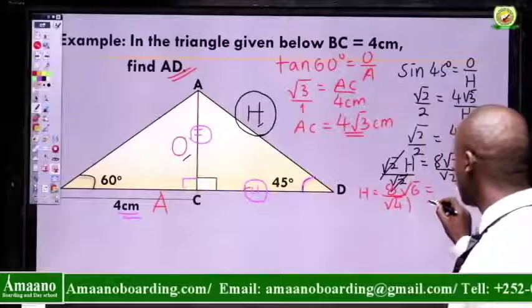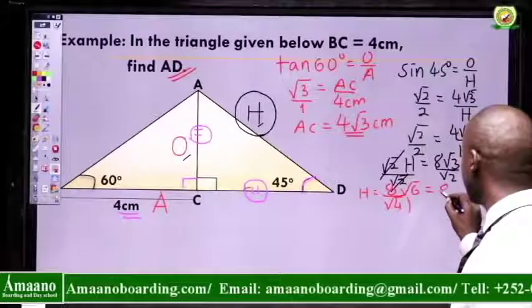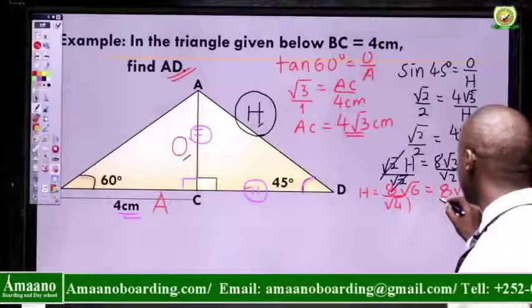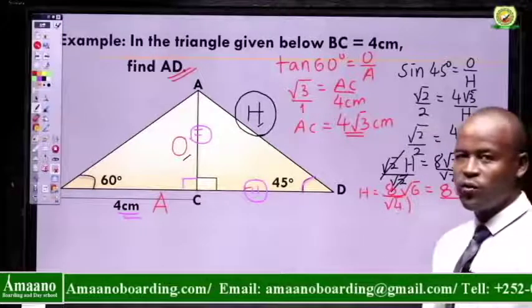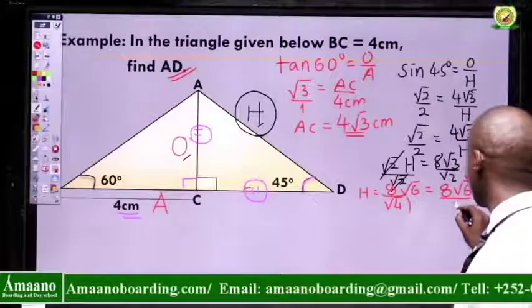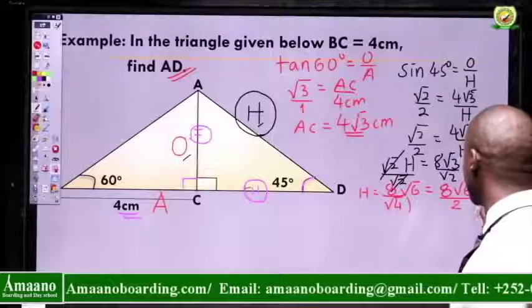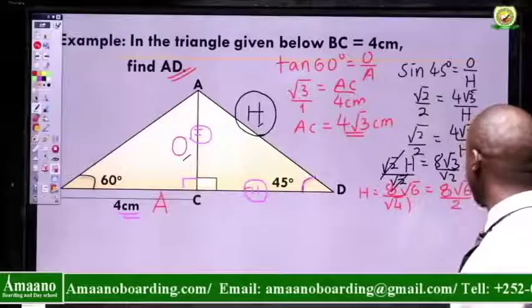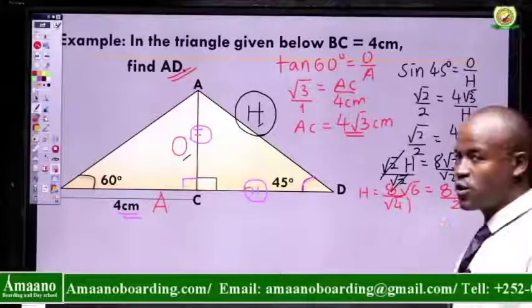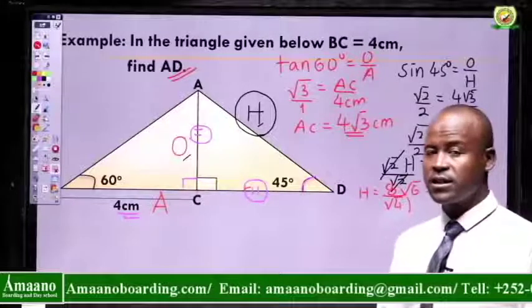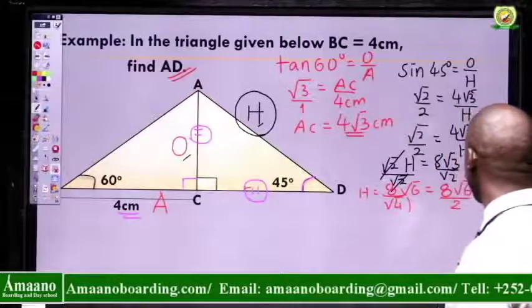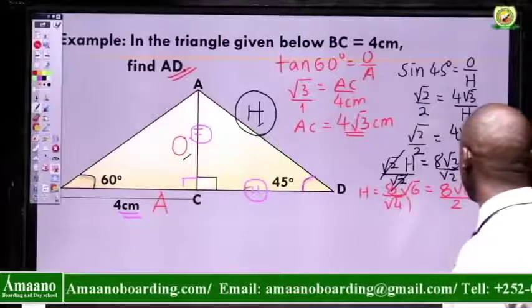Okay, so this is equal to 8 times the square root of 6 divided by, what is the square root of 4? Radical 4 is 2. Now you can simplify it. 8 divided by 2 is 4, and square root of 6 cannot be simplified, so we leave it as it is, so that we have 4 times the square root of 6.